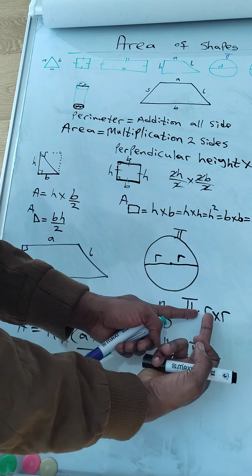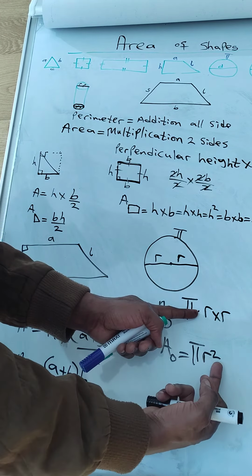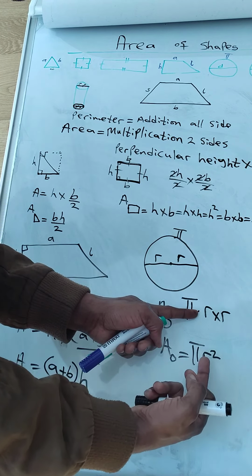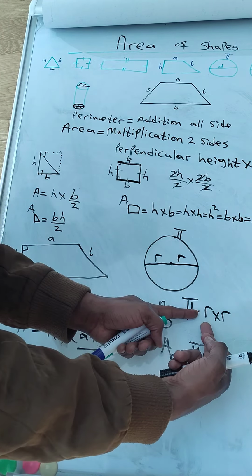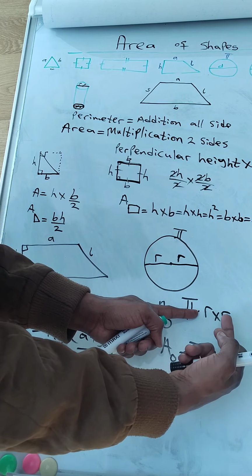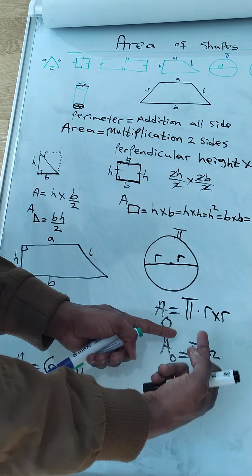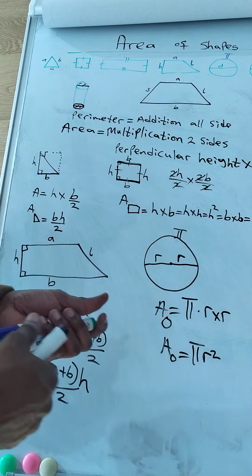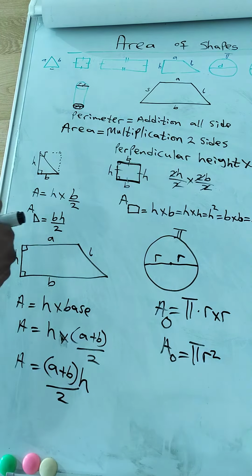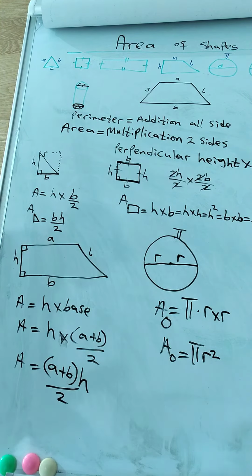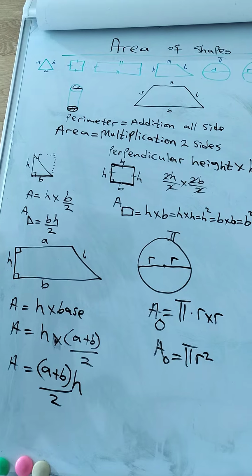But this one is R times R, r squared. So the perimeter or circumference of this circle will be 2R, R plus R. But here we are dealing with area. So the area of the circle is pi r squared. I hope it's clear. So the next one we are going to be dealing with is the area of this trapezoid.